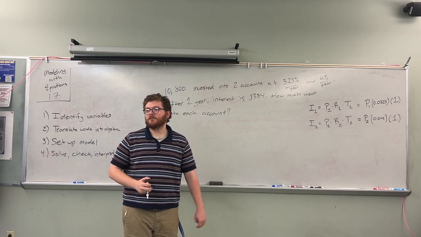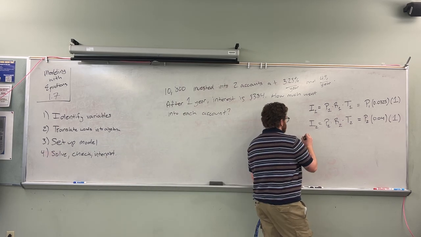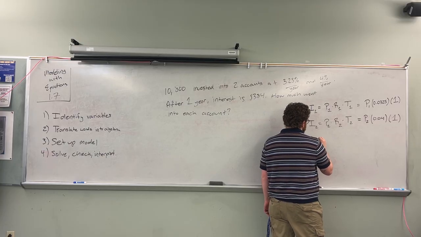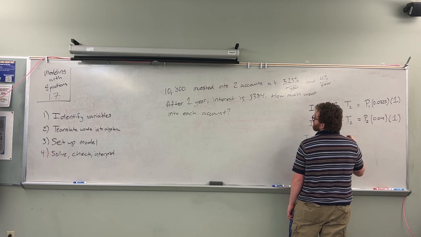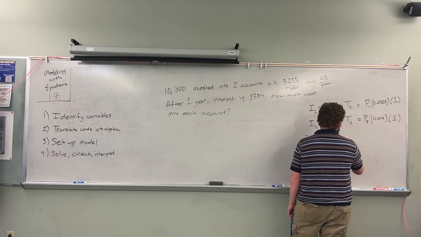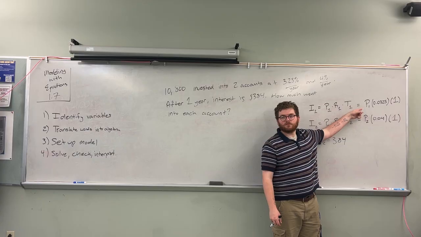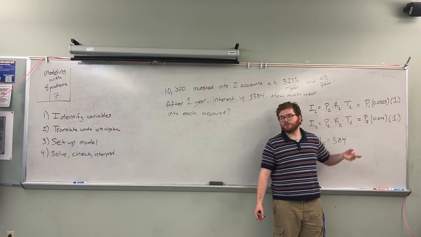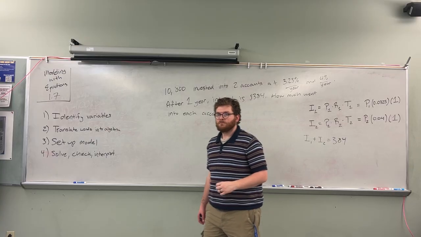I have no idea how to solve this though. I know that I can relate these. I1 plus I2 equals 384. But I still have 2 variables. And I can't really just solve this equation with 2 variables without plugging in information on one of them.